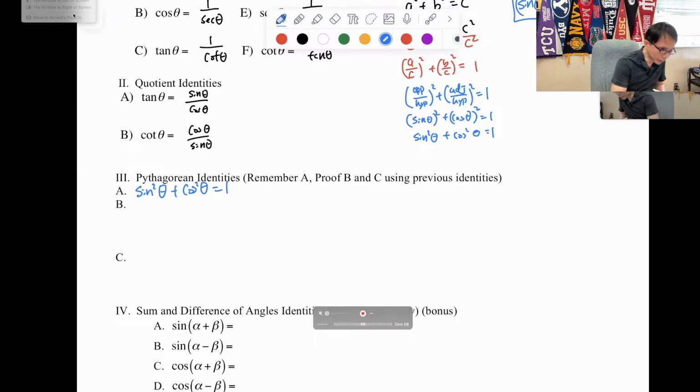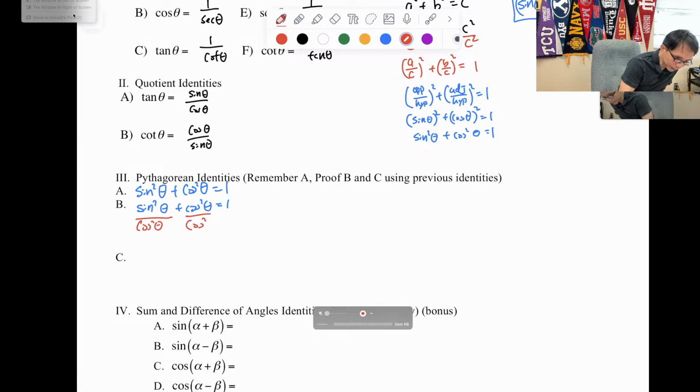Now, what I'm going to do is rewrite sine squared theta plus cosine squared theta, because I want to derive the other two. So how do I derive it? I divide everything by cosine squared theta, and I'm going to use the reciprocal and quotient identities to figure out the rest.